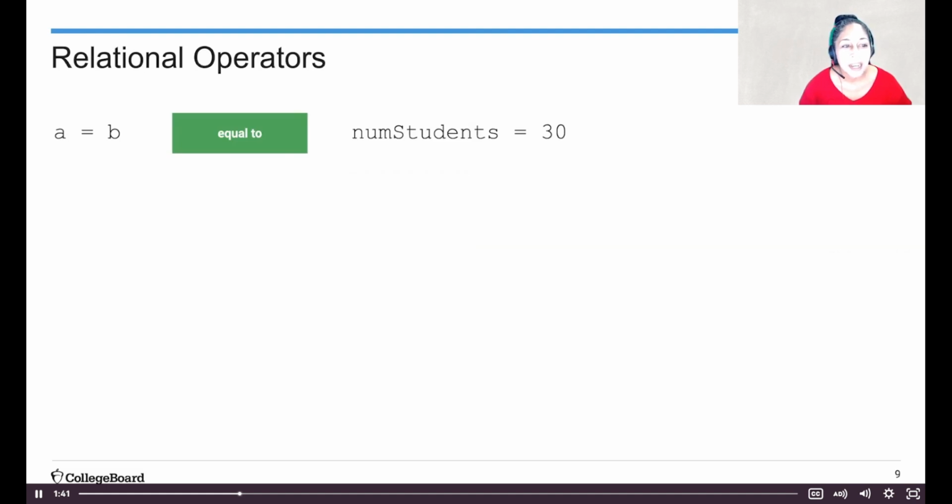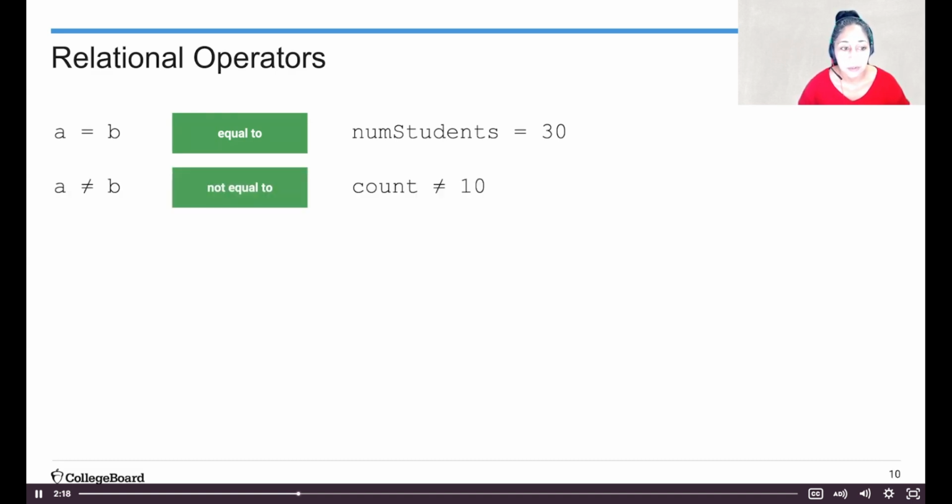So when I am writing expressions to evaluate, we use different types of relational operators depending on the question that we're trying to ask. For example, if I'm testing to see whether or not two values or two variables are equal, then I use the equal sign to check whether or not they contain the same value. So if I was checking to see if num students equaled 30, basically I'm asking, does the value that's stored inside of num students also equal 30?